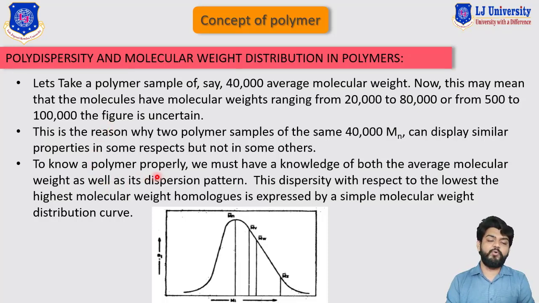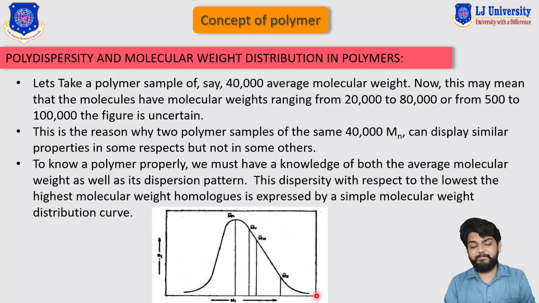To know a polymer properly, we need knowledge of both the average molecular weight as well as its dispersion pattern. This dispersivity, with respect to the lowest and highest molecular weight, is expressed by the molecular weight distribution.